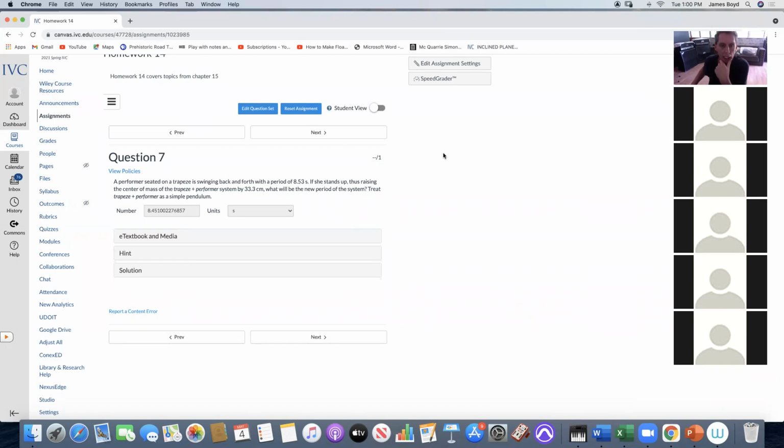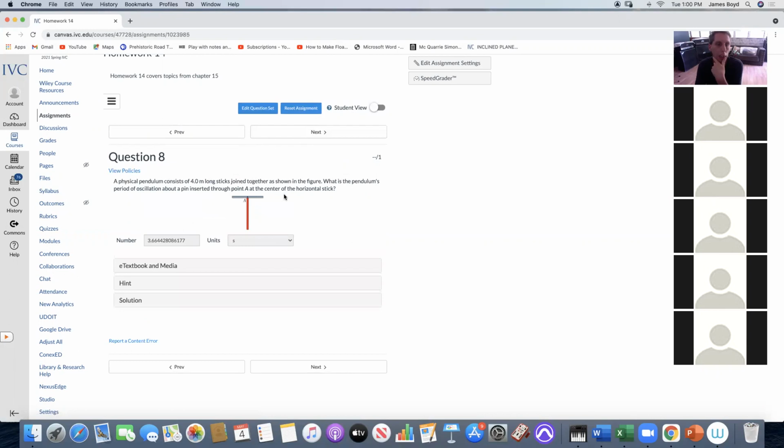For number 8, here you're just going to have 2 rods attached there, and the bottom rod is going to act like a pendulum.